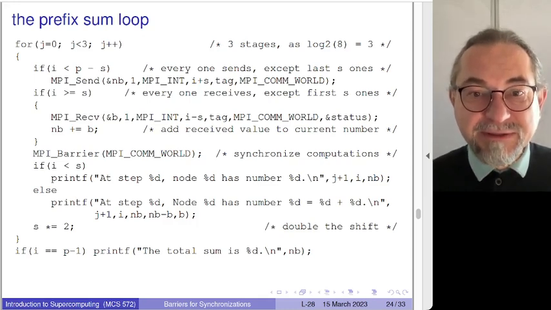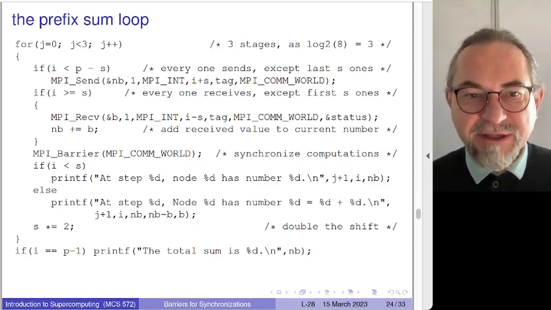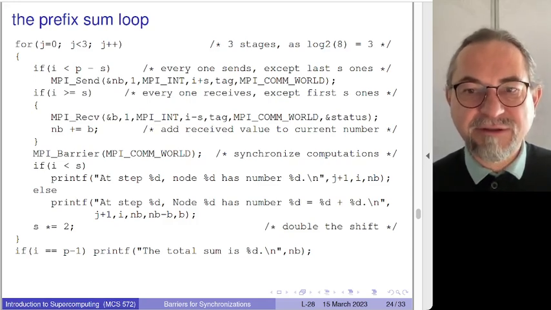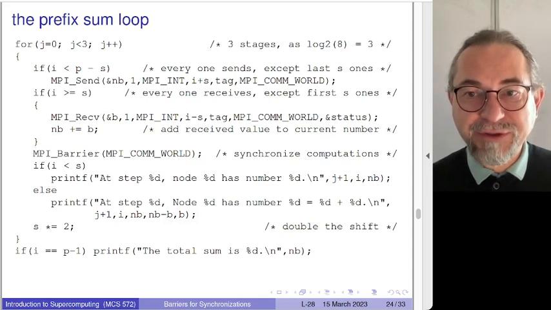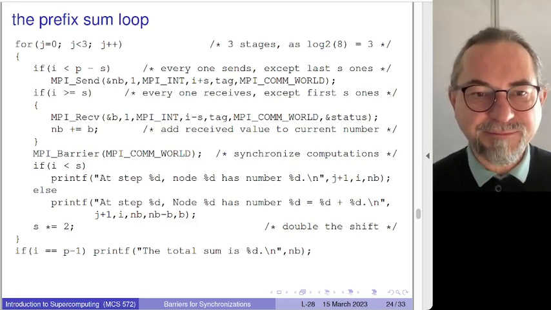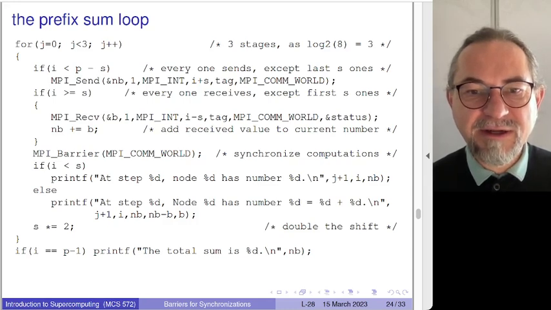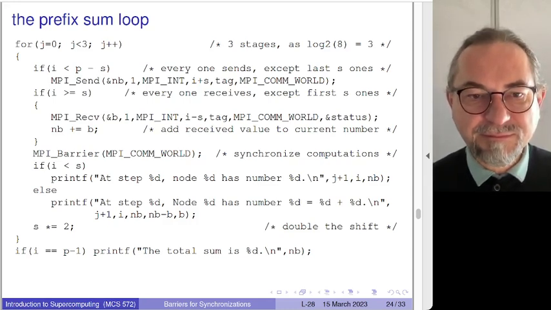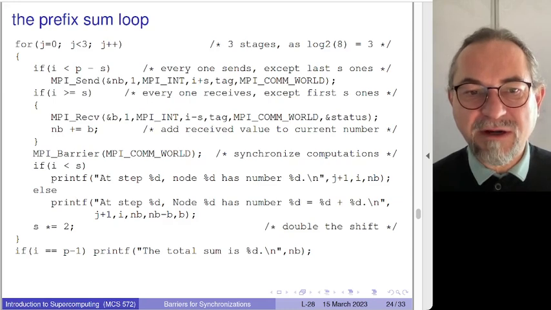There is the explicit barrier that is being done here to synchronize the computations. And this is here for the main purpose of the print statements. We don't want the print statements to be garbled. So there is the printing that happens after the barrier.